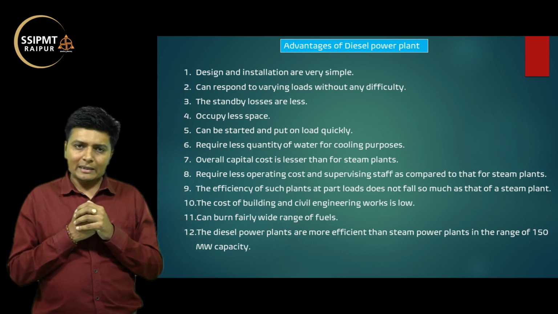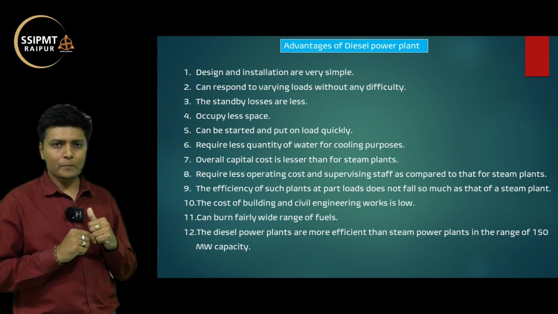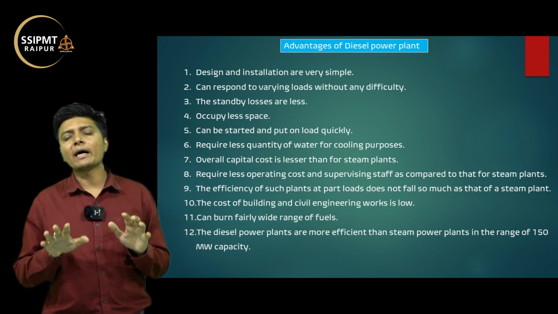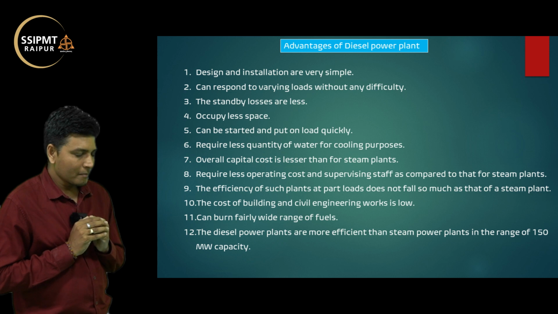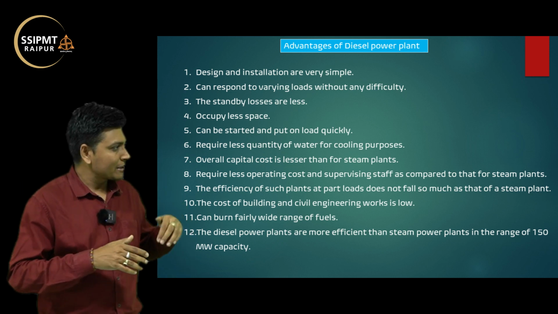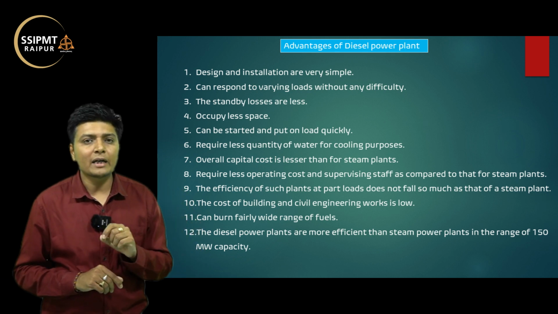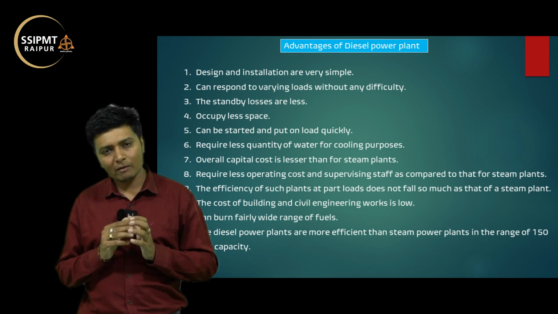The tenth advantage is that the cost of building and civil engineering works is very low. The eleventh advantage is that it can burn a fairly wide range of fuels. And the twelfth advantage is that diesel plants are more efficient than steam power plants in the range of 150 megawatt capacity. So these are the advantages of a diesel power plant.